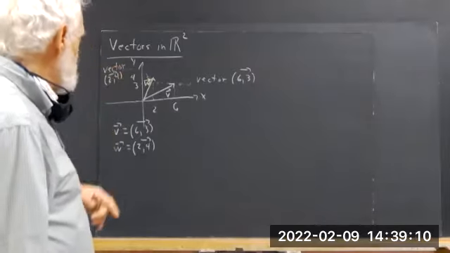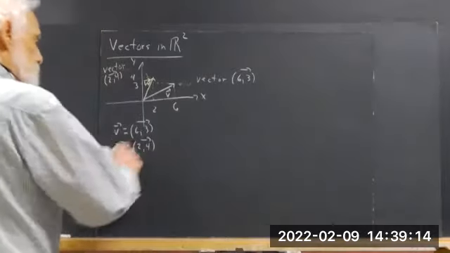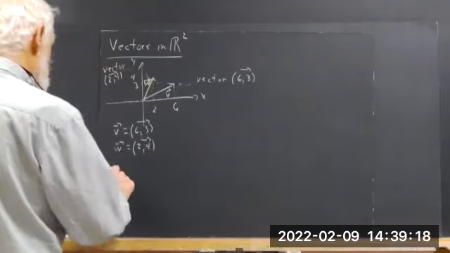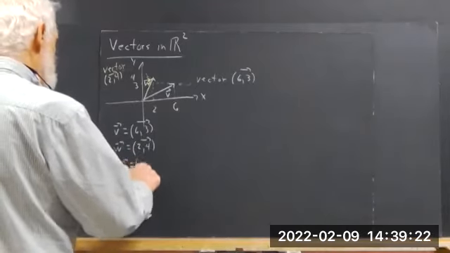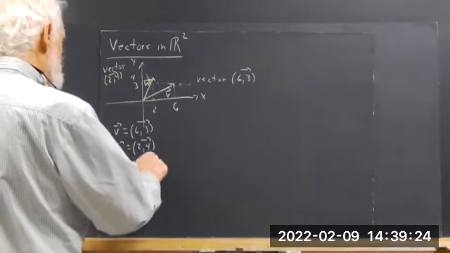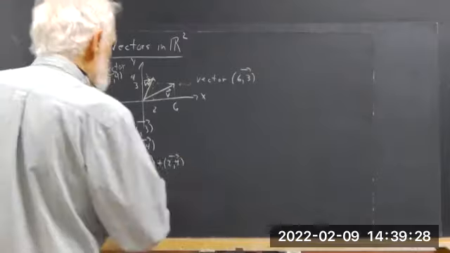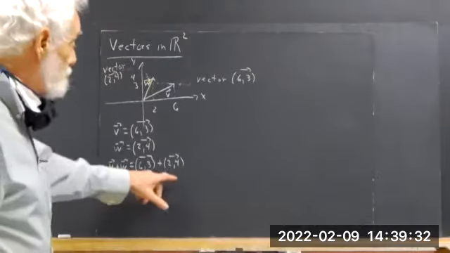If I want to add two vectors, well, the sensible thing to do, and this is exactly what we do, is V plus W, of course, is 6, 3 added to 2, 4. Now you can't add two coordinate points, but you can add two vectors.